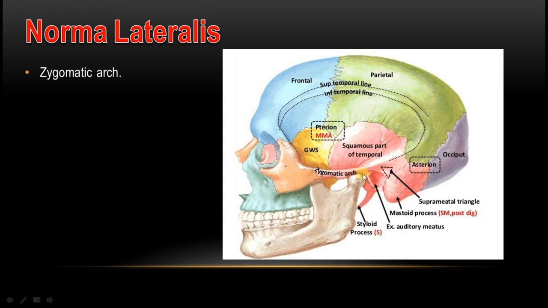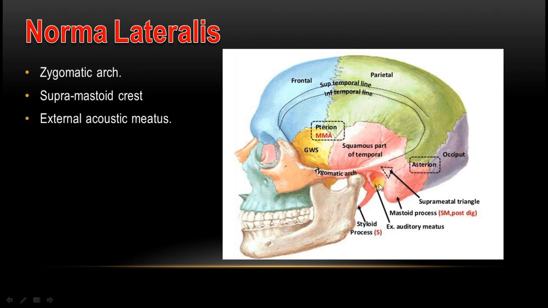The anterior root is mainly taking part in the formation of the articular fossa for the head of the mandible. So the head of the mandible articulates here in the articular fossa, forming the temporomandibular joint. Then, as I told you, the supramastoid crest, where the inferior temporal line is continuous with the posterior root of the zygomatic arch, the supramastoid crest.